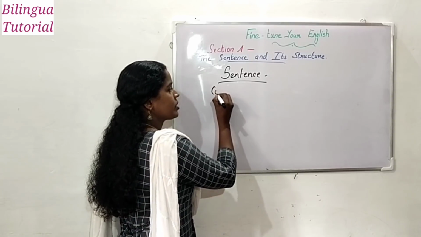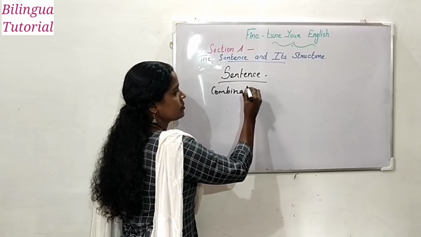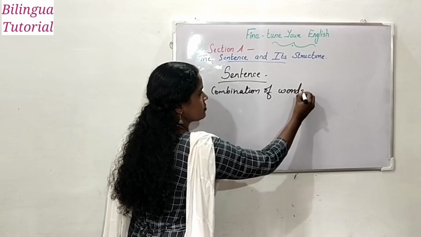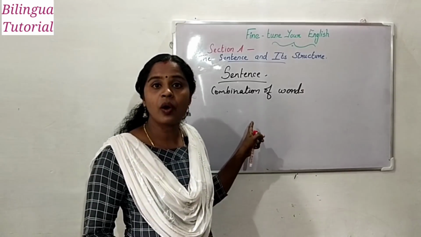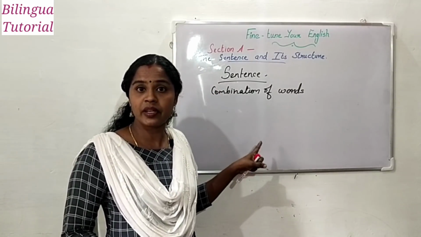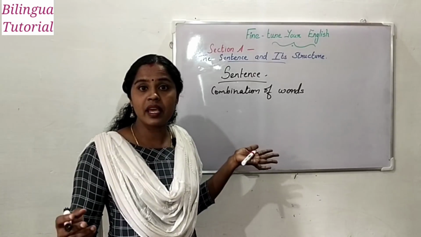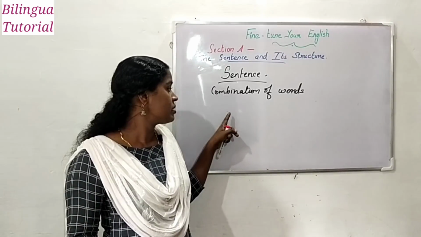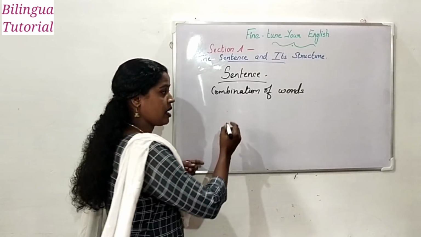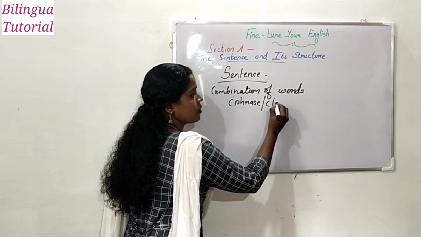It is a combination of words. So if it is a combination of words, it is understood it can be a phrase or clause, because a combination of words can be a phrase and clause.